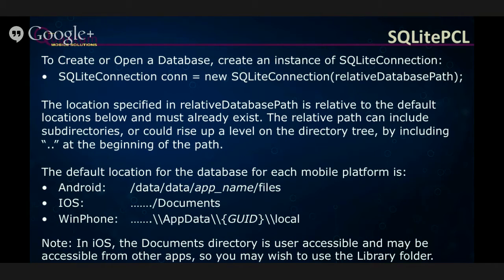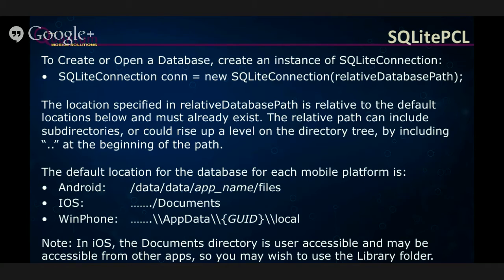So these are where it puts it. For Android, the default location is basically the files folder. Now, anyone that has used Android knows that normally you put it in the database folder. If you use SQLite on Android natively, it will automatically put things in the database folder for you. It will create that database folder for you.